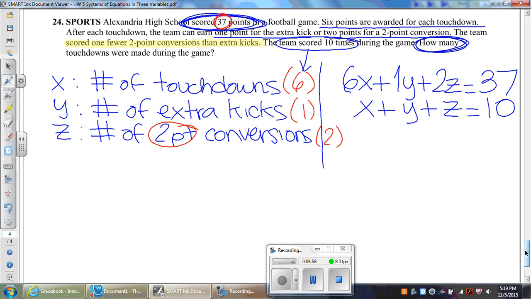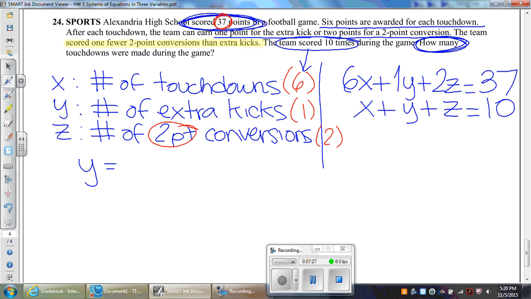For the final one, we use the statement that I have highlighted, and it says the team scored 1 fewer 2-point conversions than extra kicks. So in this case, I could use the equation for extra kicks. Extra kicks is represented by y, and it says that they scored 1 fewer 2-point conversions.